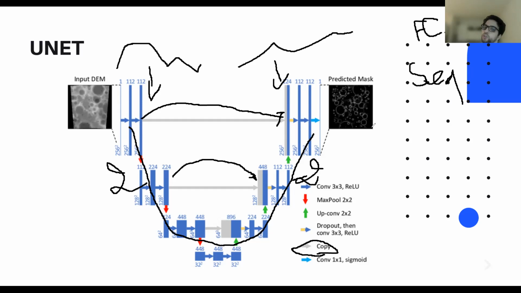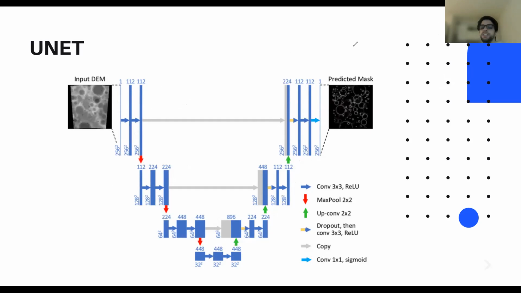So this longer road will help you to detect the classes better, understand the whole image better. But the second path allows you to give better edges and understand the fine details in a much better way.